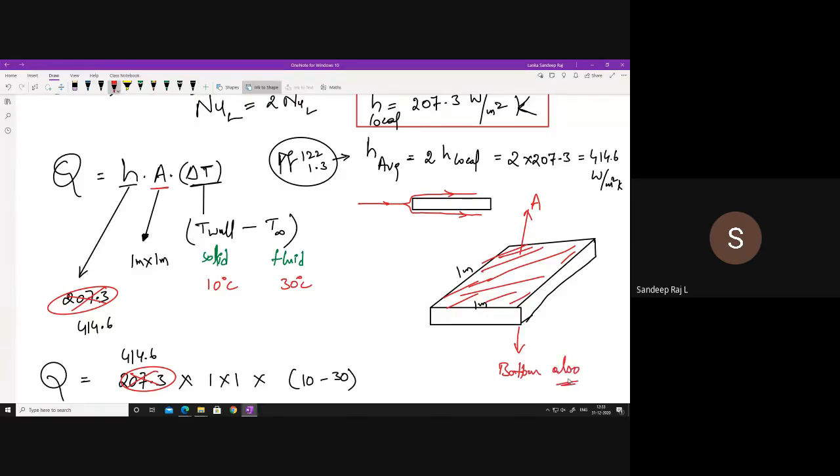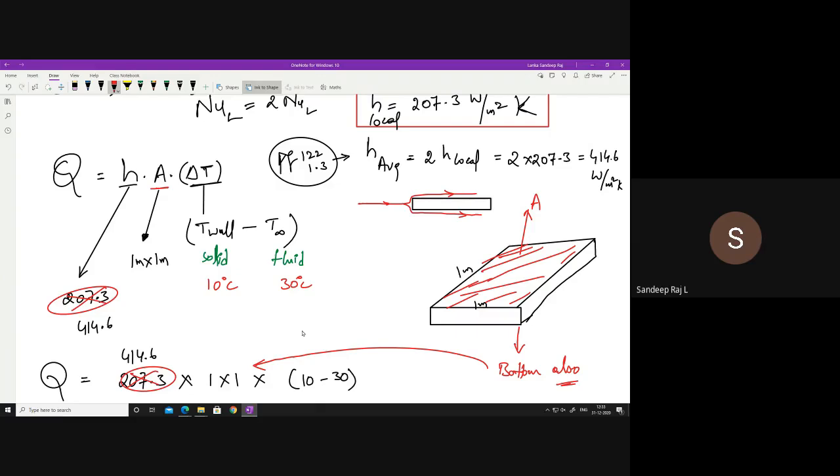Okay, so you can take that area also into this, not a problem. But that will represent the area on both sides, so it will represent the heat transfer on both sides.